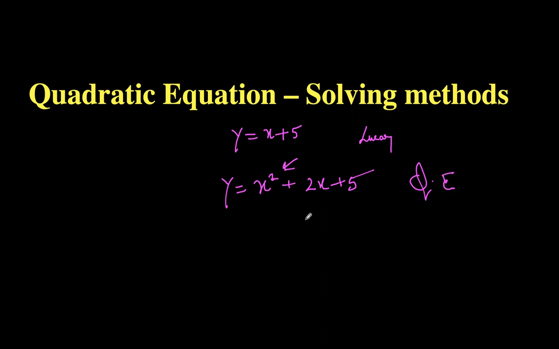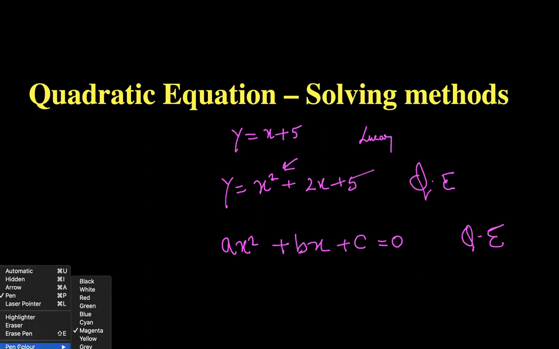Now the general form of the quadratic expression is ax square plus bx plus c. If I make it equal to 0, it becomes a quadratic equation. It's very important to identify a, b and c from any quadratic equation.